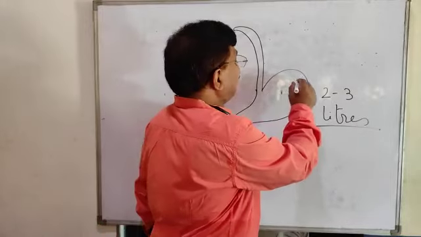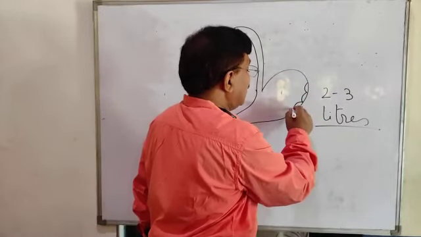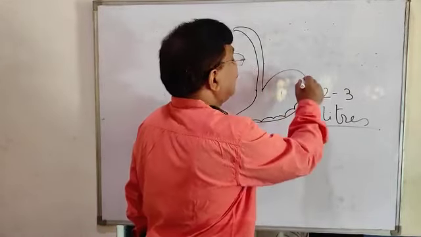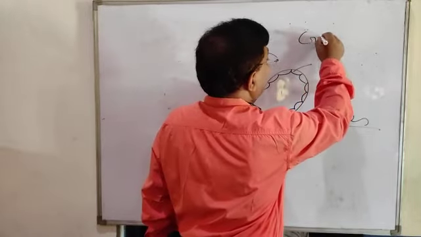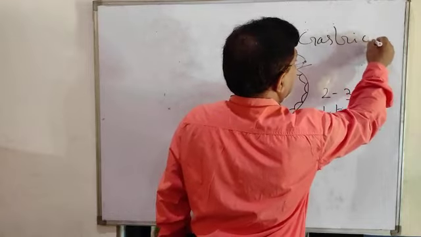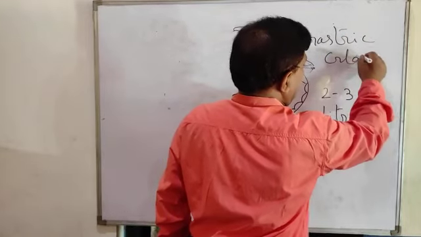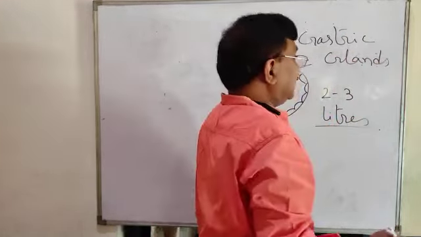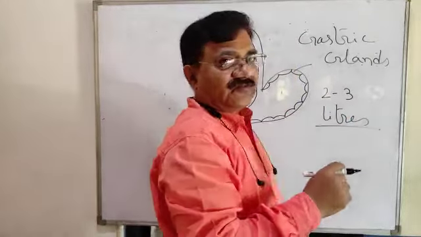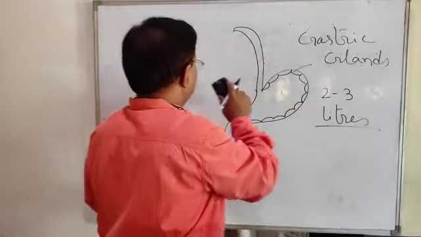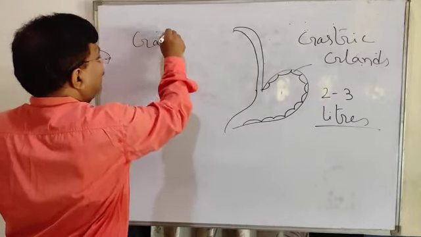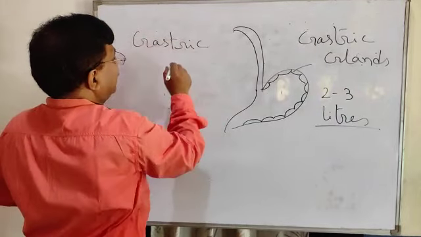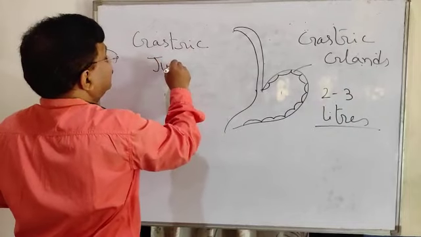The walls of the stomach contain gastric glands. These are the gastric glands, and they release gastric juice. The function of the gastric gland is to release gastric juice.